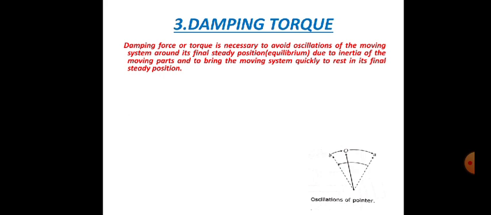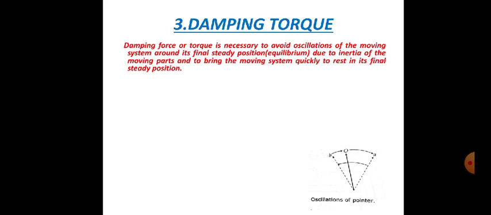Suppose here we see a picture in which the steady state position is point O. Now, due to inertia of the moving part, the pointer overshoots this position and goes to point A. At this point A, the controlling force is greater than the deflecting force, and it tries to bring back the pointer to its equilibrium position, that is point O.